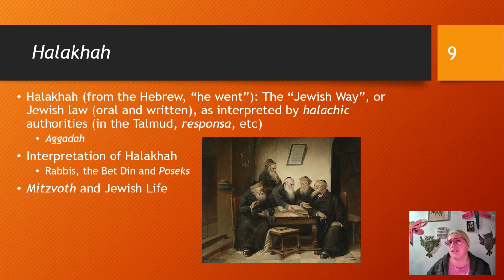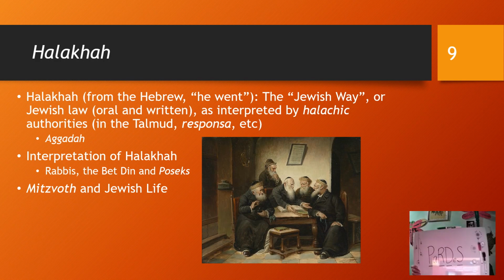Instead, rabbis employed a series of halakhic processes, and I am taking a long time to do these few slides, so I'm not going to give you a lot of detail about the halakhic process, except I will give you one. This is often called the Pardes.